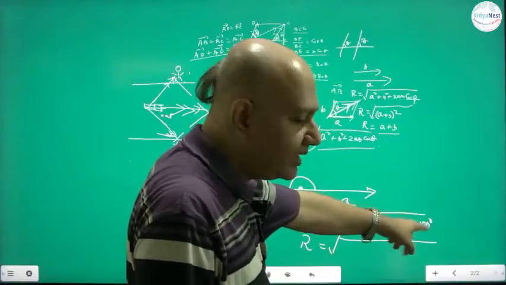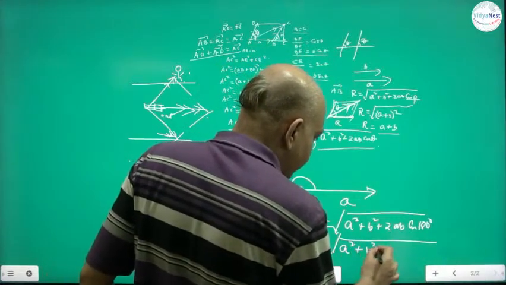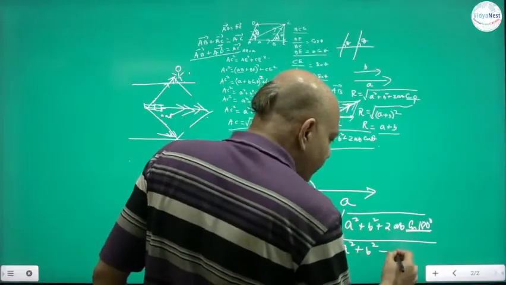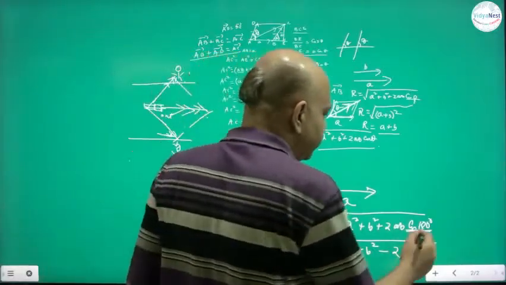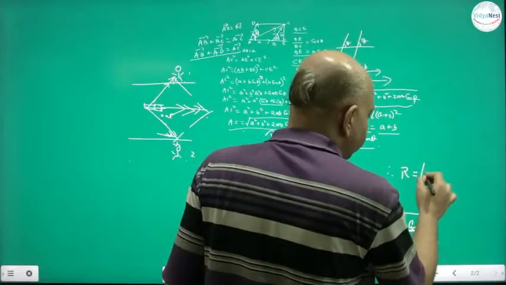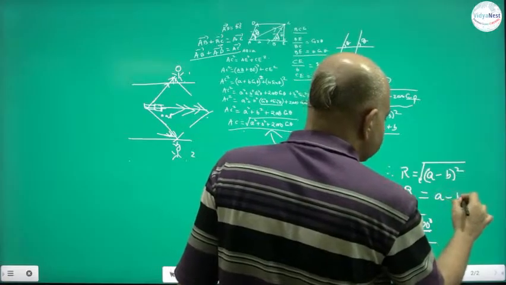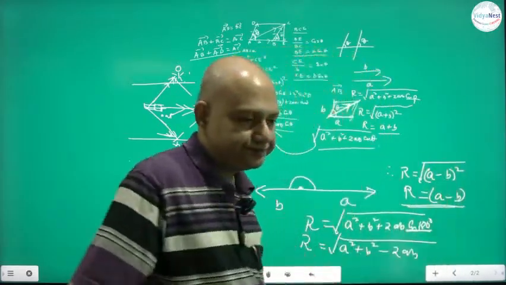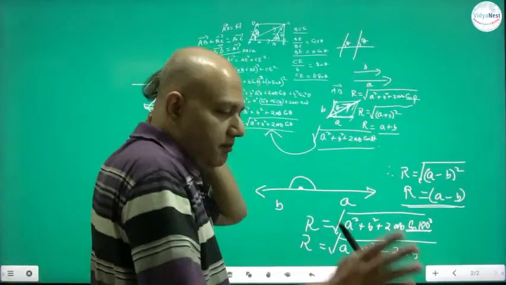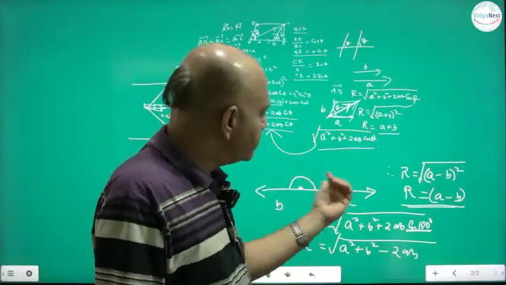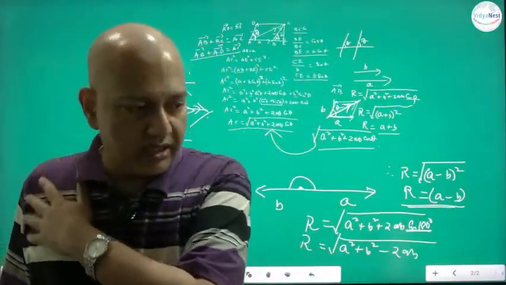Yes. So cos 180 means -1. So a square plus b square, putting cos 180 as -1, gives -2ab. Therefore it can be written as R is equal to the square root of (a minus b) whole square, meaning R is equal to a minus b. It is the resultant subtraction of the two vectors, simply magnitude subtraction, if the two vectors are oppositely directed. This is R, meaning a minus b.